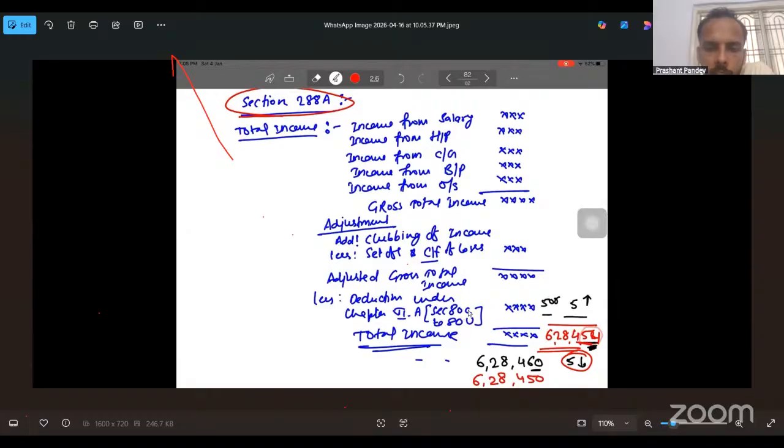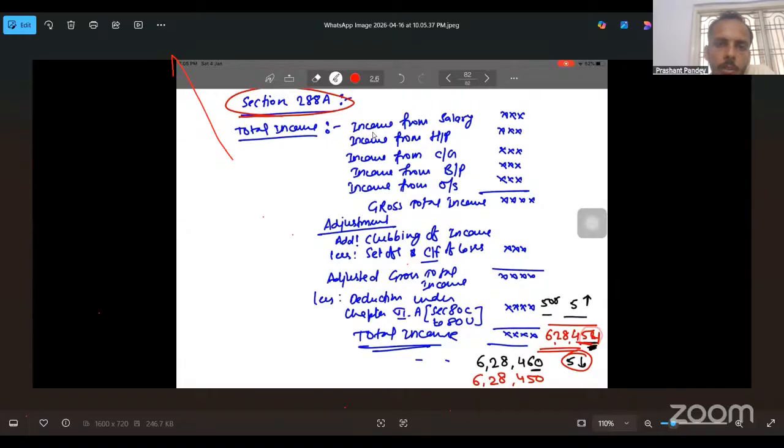All such deductions are usually availed by the SSC. Once we reduce all these deductions, we get the total income. This is the income on which tax liability is calculated. On the total income, the tax liability is calculated.